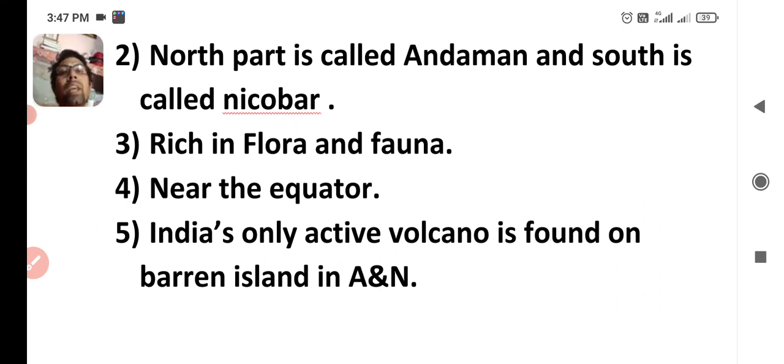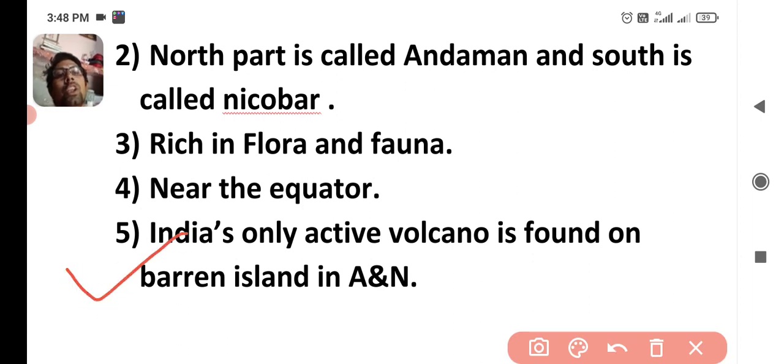And the fifth important point, for GK and for important objective type questions in the exam: India's only active volcano is found on Barren Island in Andaman and Nicobar Islands. I think you got the point easily.